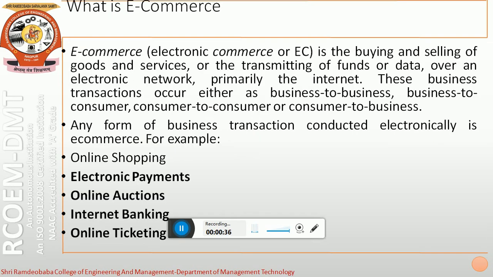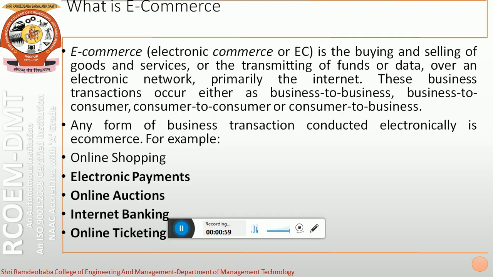So, what is e-commerce? I think in today's time, all of us have used it. We keep buying online. If we don't buy, then probably we transfer some data, we write something, we acquire some, we transmit funds or data over the digital platform.